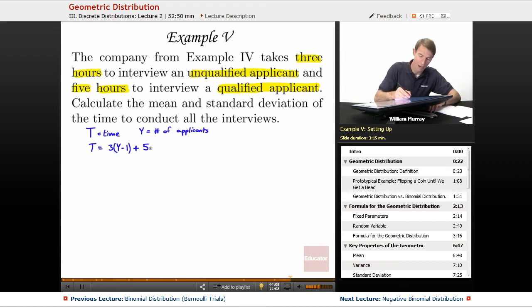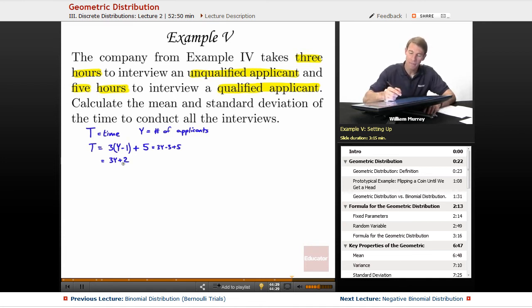We can simplify that a bit. That's 3y minus 3 plus 5, which is 3y plus 2. So that's the total time that it takes. And we want to find the expected value, the mean of that, and the standard deviation.